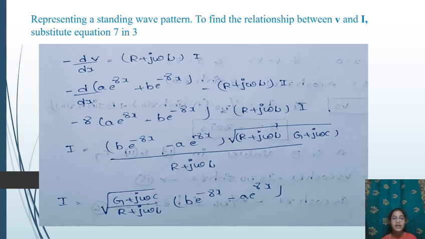I equals (B into e power minus gamma x minus A into e power gamma x) into root of (R plus j omega L) into (G plus j omega C) divided by (R plus j omega L). So I equals root of (G plus j omega C) divided by (R plus j omega L) into (B e power minus gamma x minus A e power gamma x).